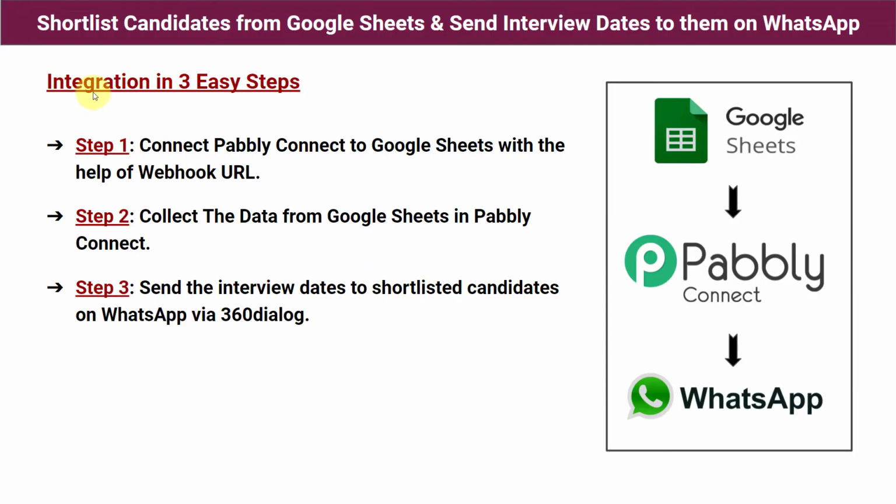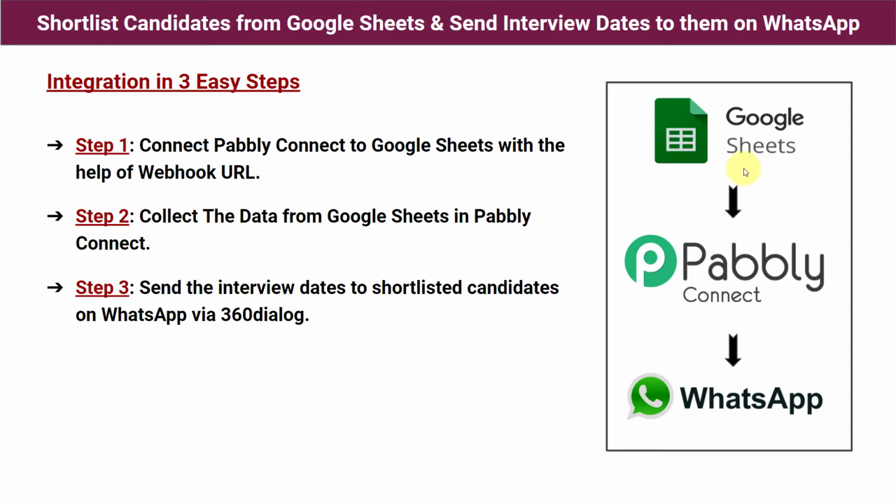So guys, these are the 3 easy steps by which you can also make this integration or connection between your Google Sheets and WhatsApp. Step 1 is connect Pabbly Connect to Google Sheets with the help of webhook URL. So first of all, we are going to open Pabbly Connect and connect our Google Sheet with Pabbly Connect with the help of webhook URL. Step 2 is collect the data from Google Sheets in Pabbly Connect.